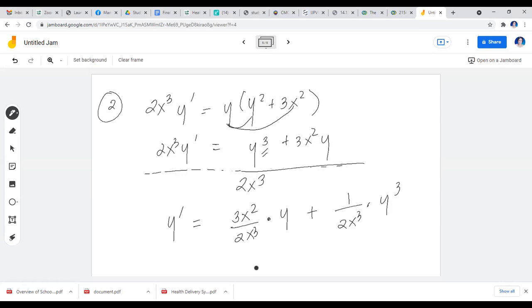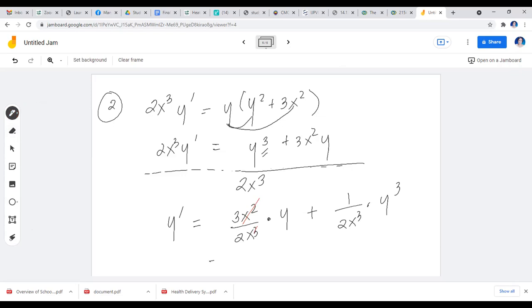See that? Now, it still doesn't look like Bernoulli, so we will simplify. If we simplify, we get x squared. That leaves us with one more here. And the resulting expression, we can't do anything about it anymore.